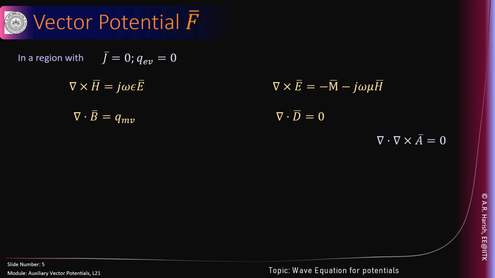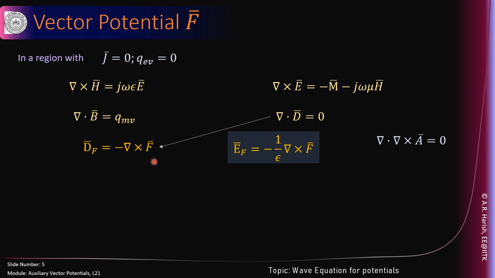Once again, divergence of curl is 0. Therefore, from this del dot D equal to 0, I can define vector potential F. Once I define vector potential F, I can compute E in terms of F as minus 1 by epsilon del cross F. What's the next step we are going to be doing?